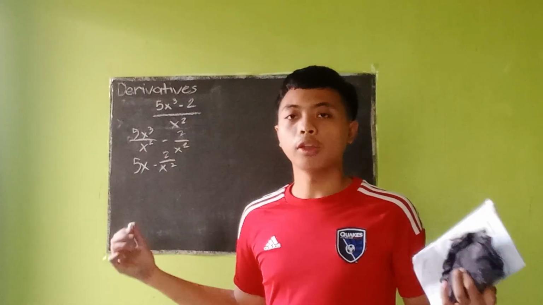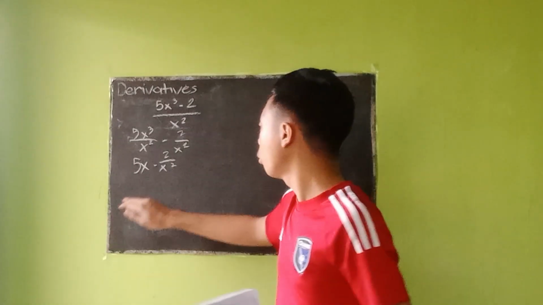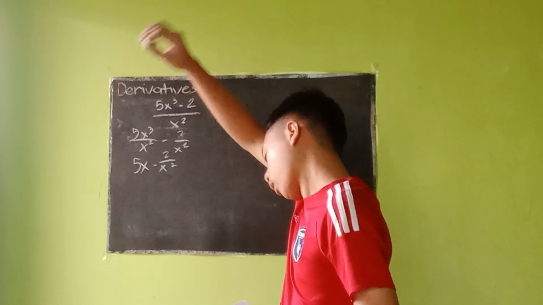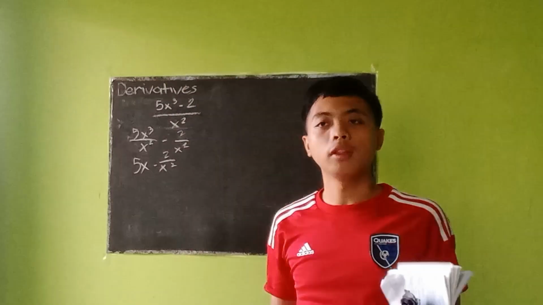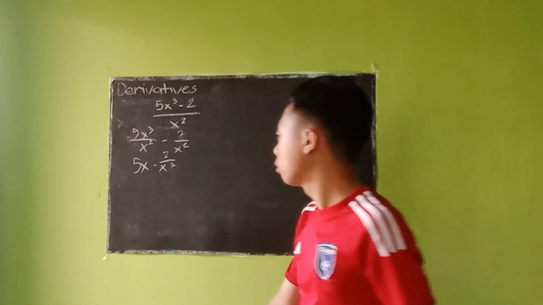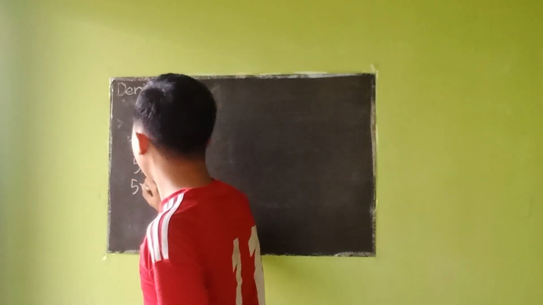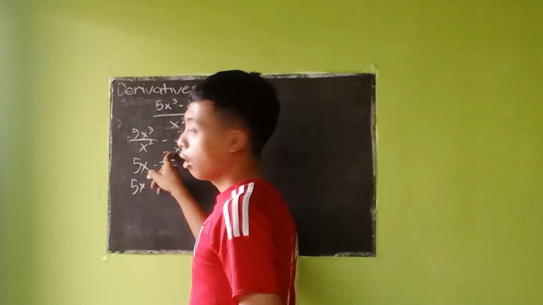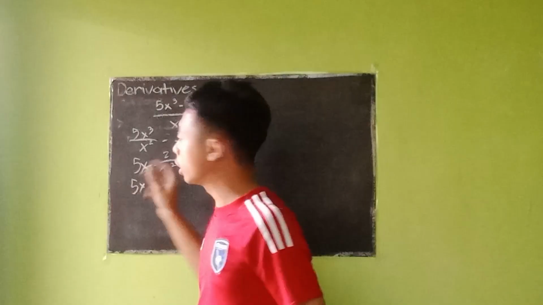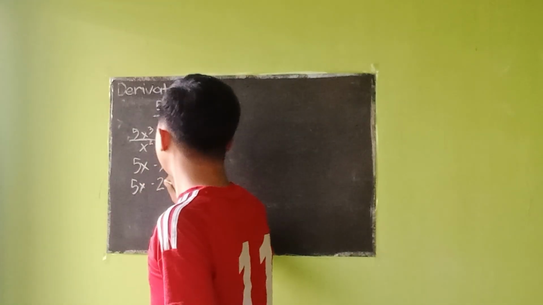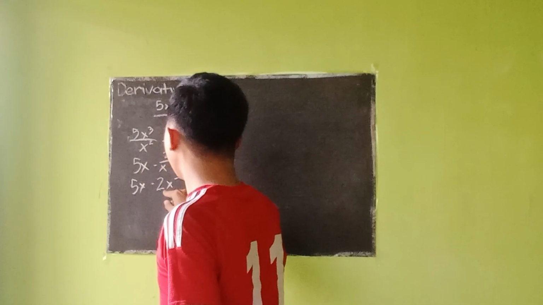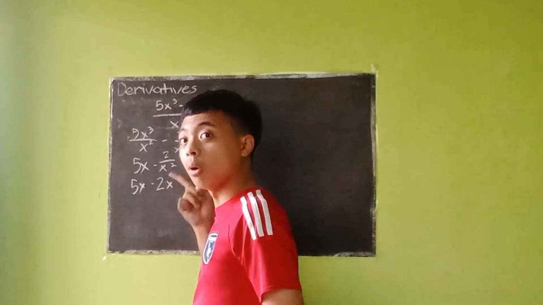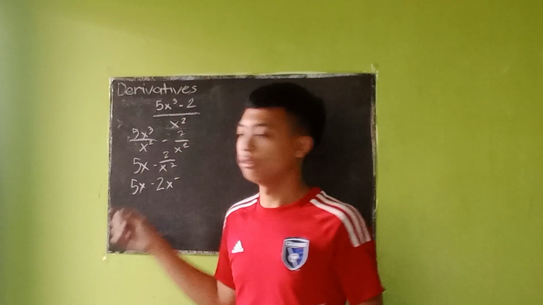To make it much easier for you to solve, we can now express this into its negative form by following the laws of exponent. So by copying this one, 5x, then we have to make this numerator our coefficient, then x, and since this one is positive, this will also turn into negative.